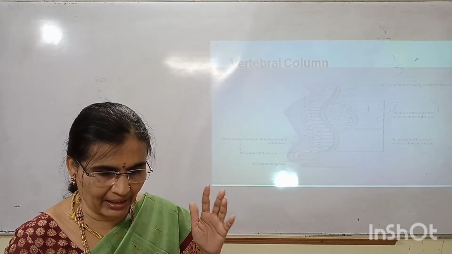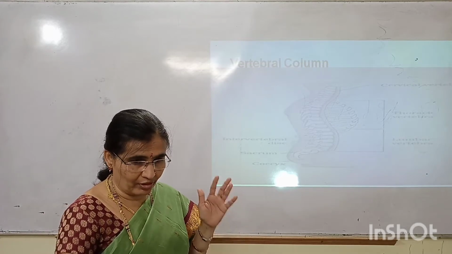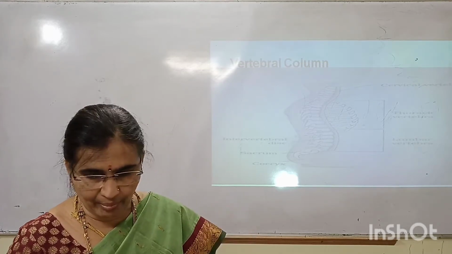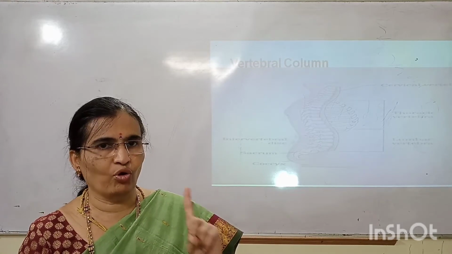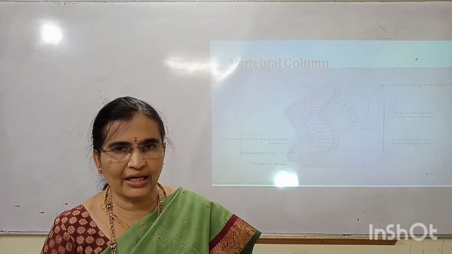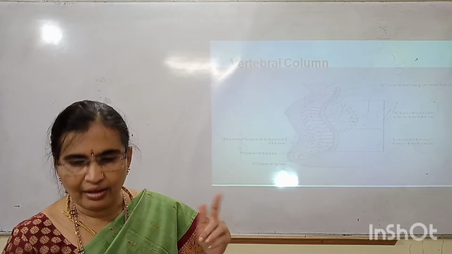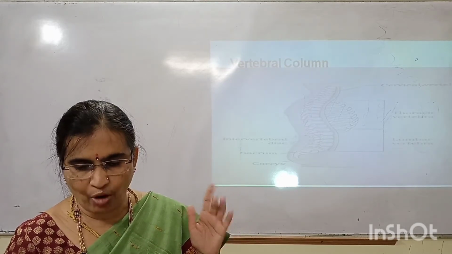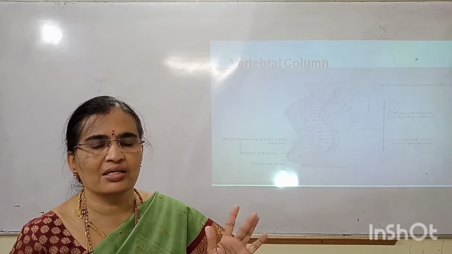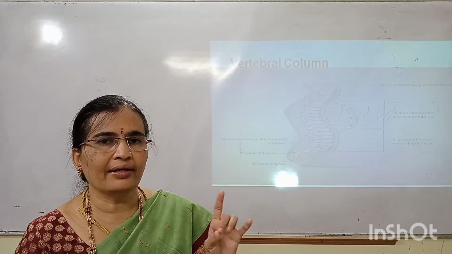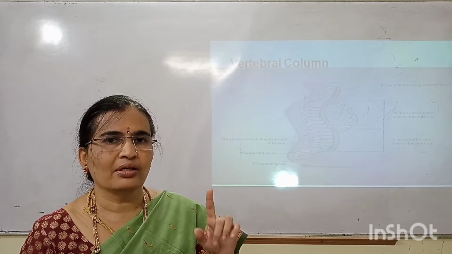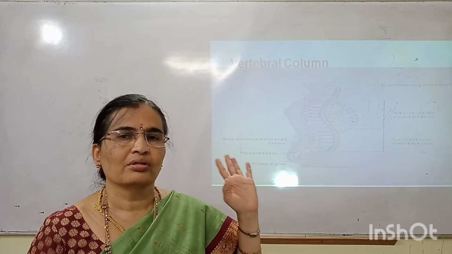So this is regarding the vertebral column or vertebrae. Then next, the sternum, only one flat bone, ventrally situated, and then ribs. How many ribs are there? Totally 12 pairs. 1 to 7 true ribs, 8, 9, 10 false ribs, 11, 12 floating ribs.